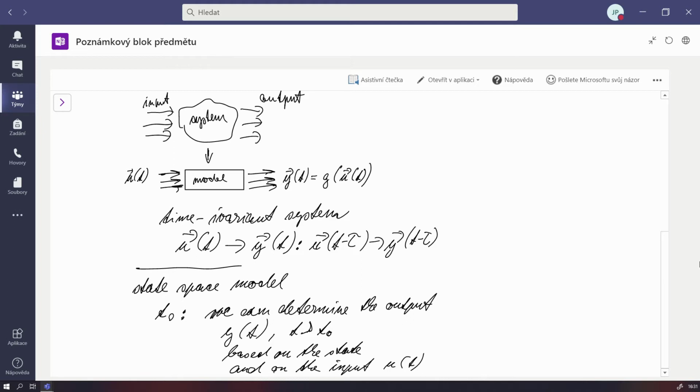So if we consider the system model denoted here, we can describe its internal behavior, the dynamics of the system, as a function of the state, of the inputs and of the time, where taking time into account means that it is time varying.